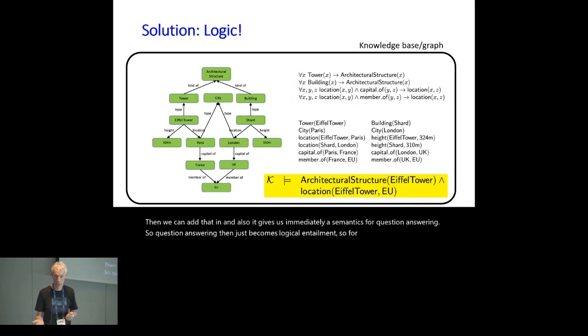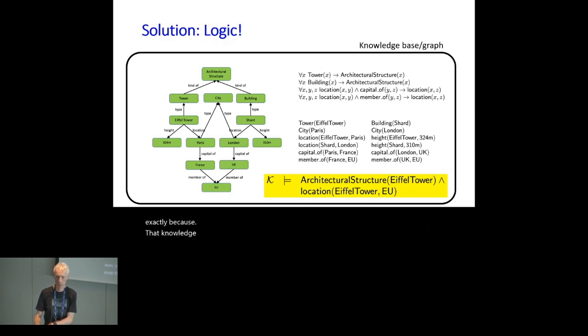So for example, the Eiffel Tower was in the answer to this query about architectural structures located in the EU just exactly because that knowledge graph, taken as a logical theory, entails these facts that it's an architectural structure and it's located in the EU. Okay, so hopefully that's pretty nice.